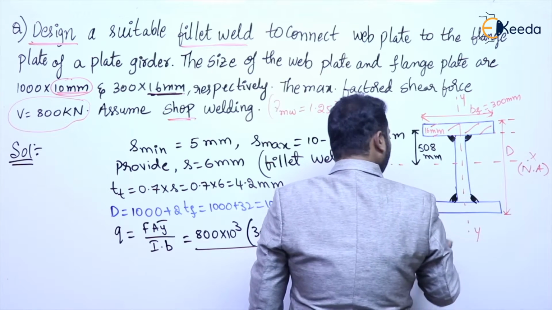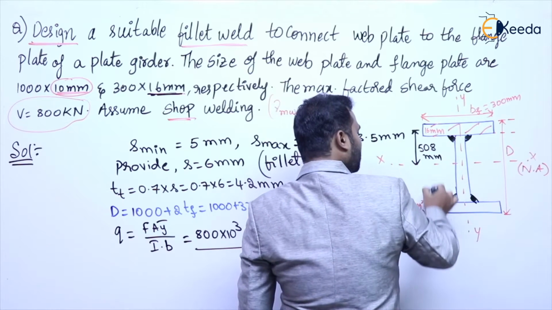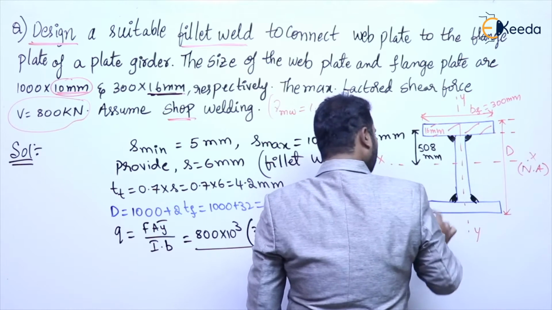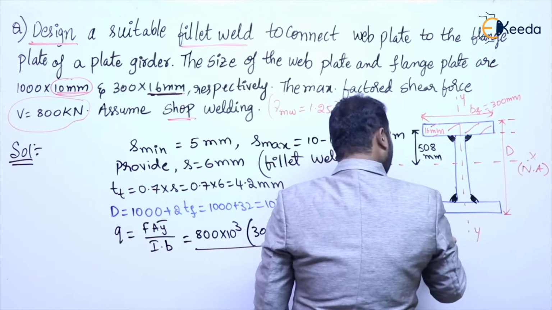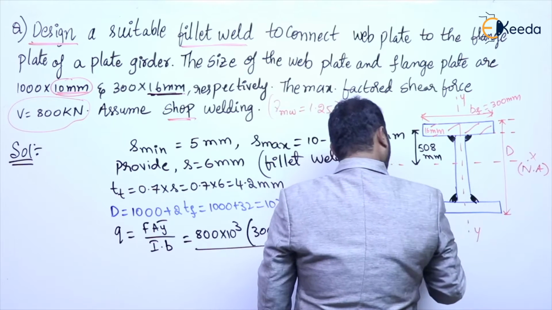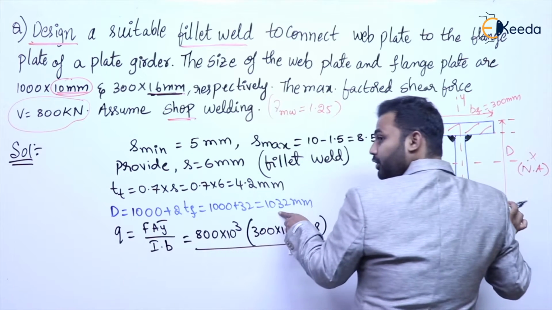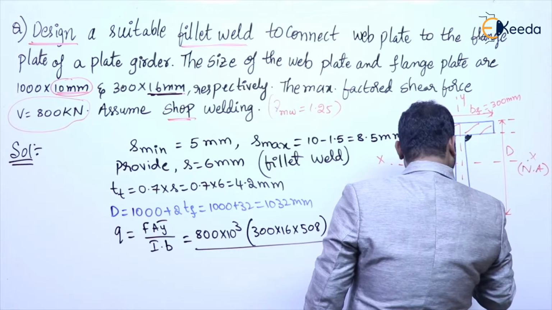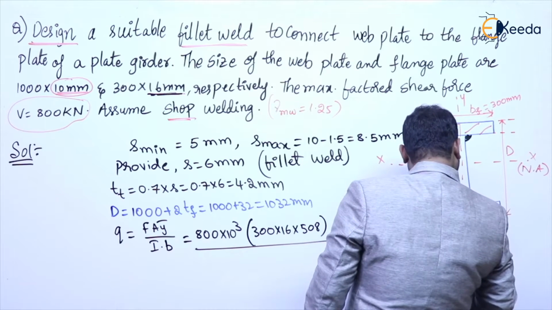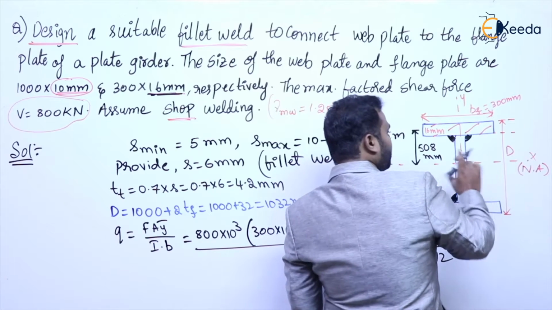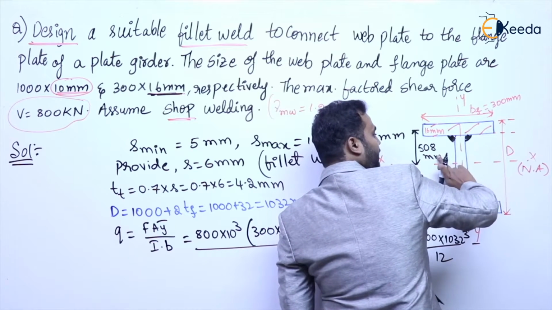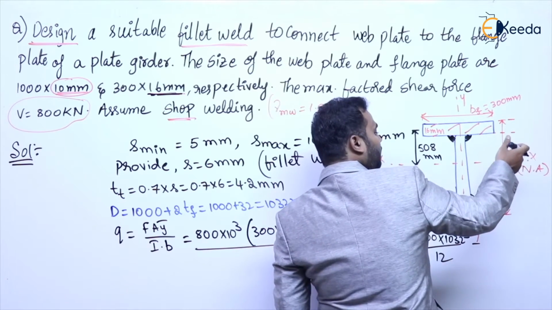Moment of inertia is equal to, first let us consider the total as a rectangular section. What are the dimensions of the total rectangular section? Width is 300, B, and overall depth is 1032. So 300 times 1032 cubed by 12, minus, from that subtract this hollow portion. What is the width of the hollow rectangle?